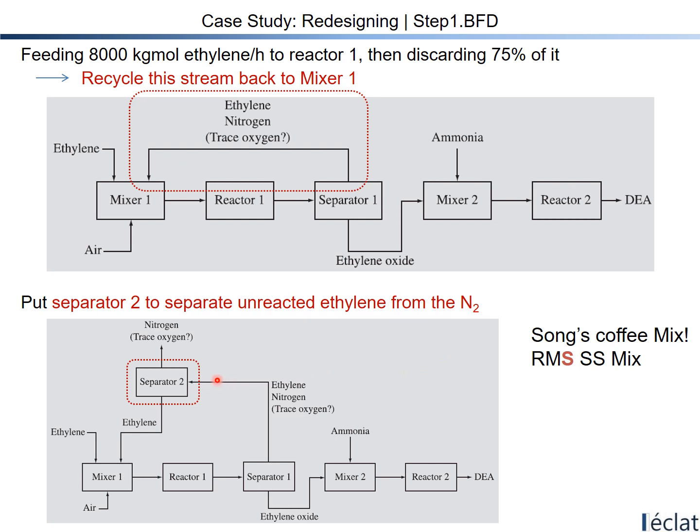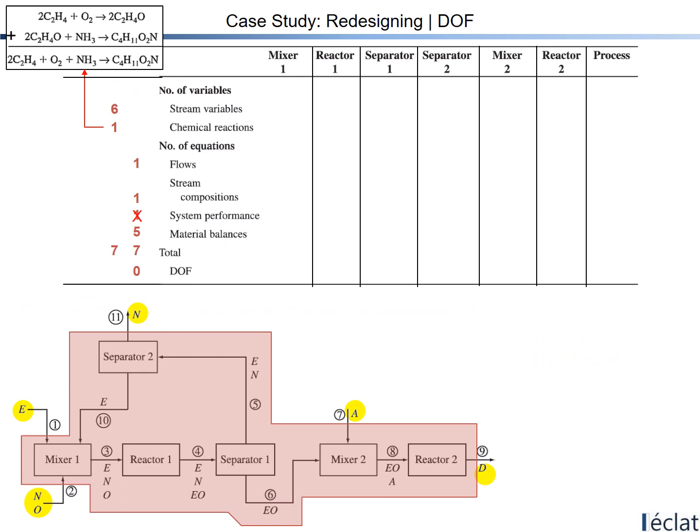So right now the mixture from separator 1 is going to separator 2, and in separator 2 we have separated the ethylene from the nitrogen and the other trace gases. Then it's time to calculate the variables in the recycled or redesigned process.